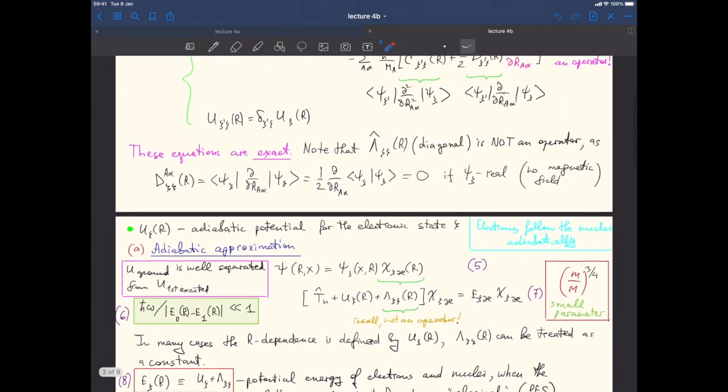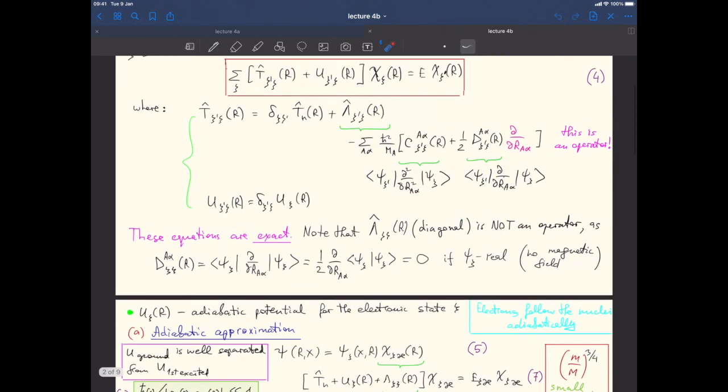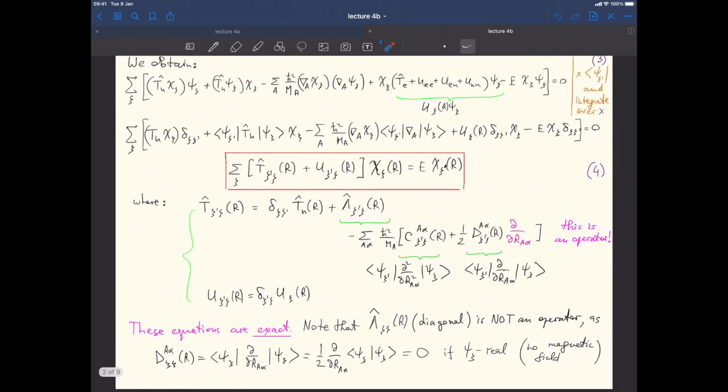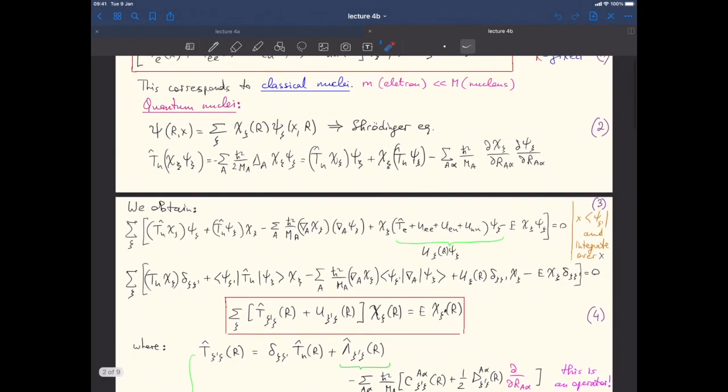Okay, so this was a very general, very formal theory. So we were able to write the wave function of the whole system, electrons and nuclei, as a linear combination of electronic-only wave functions for different states, the ground state, first excited state, maybe second excited state, with the coefficients which themselves depend on the nuclear positions.